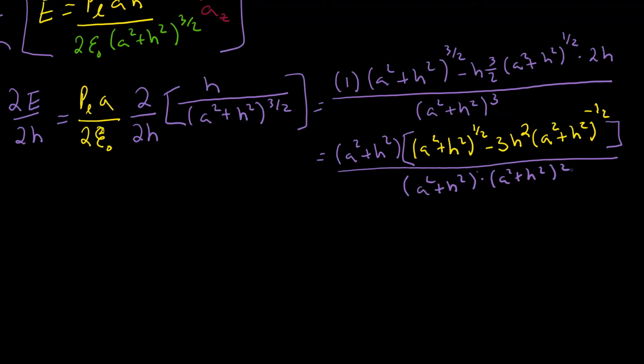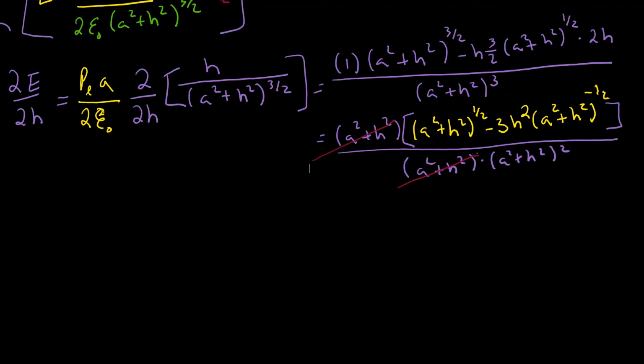Then I can obviously cancel this out, so this is kind of better. Remember, we're setting this equal to 0, because we're trying to find the relative extrema. The denominator can never be 0, so we don't care about it. So we have 0 equal to (A squared plus H squared) to the 1 half minus 3H squared times (A squared plus H squared) to the negative 1 half.